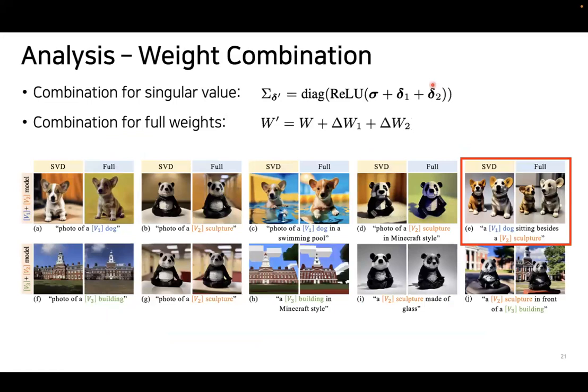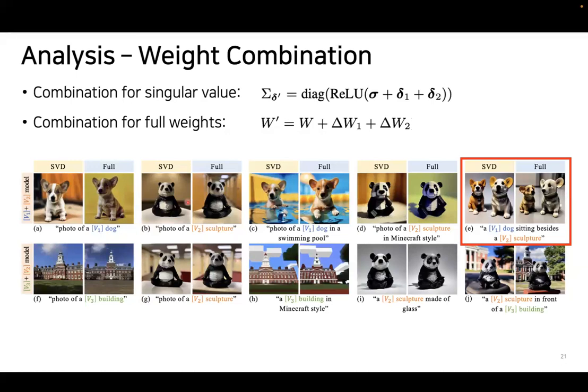And analysis, this is weight combination. When we fine-tune different deltas, each for a specific concept, and just combine them, the results are like this.